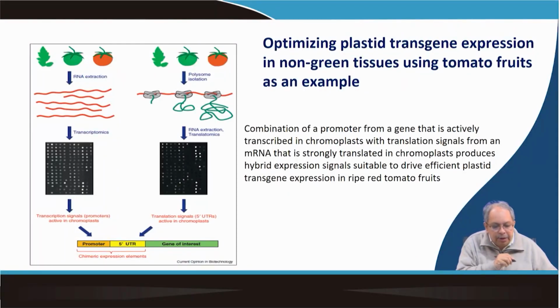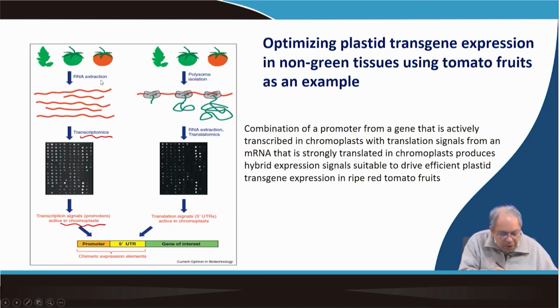And lastly, if you want to optimize plastid transgene expression in non-green tissue, that is possible by doing certain fusions. One is that RNA is extracted from the green tissue as well as from the ripened tissue, and this transcriptomics gives the transcriptional signals, showing which promoters are active in the chromoplast.